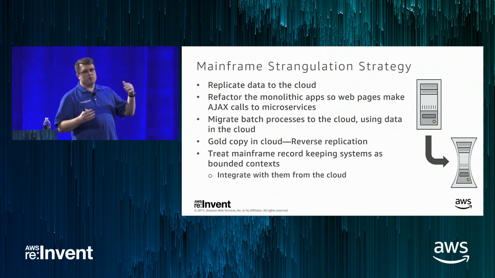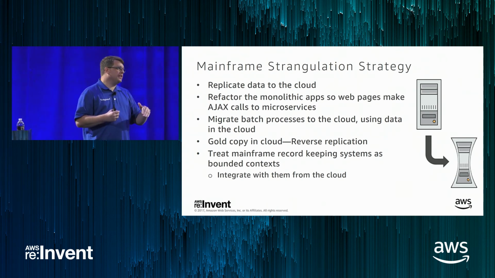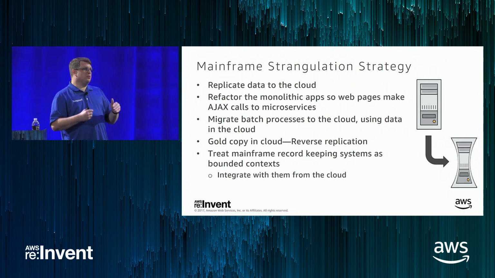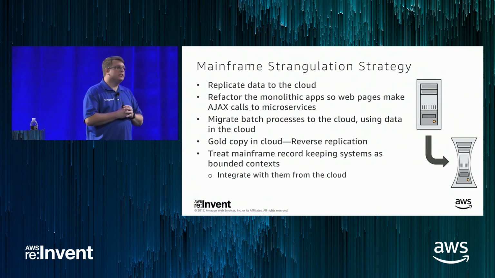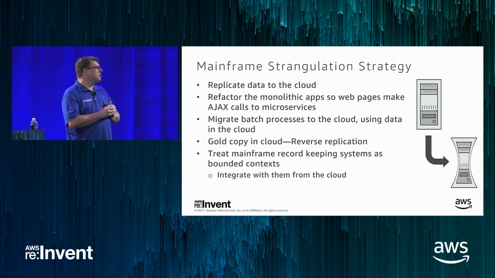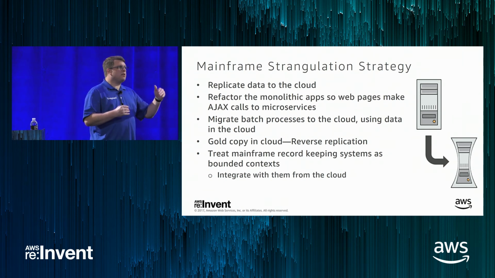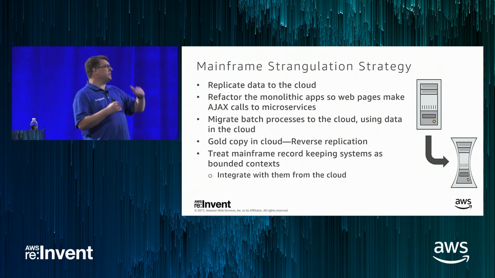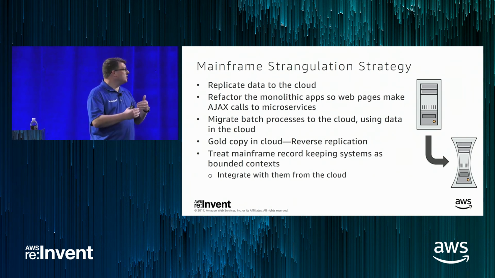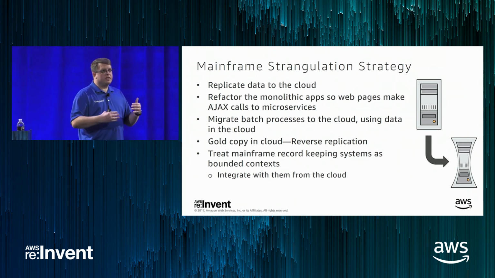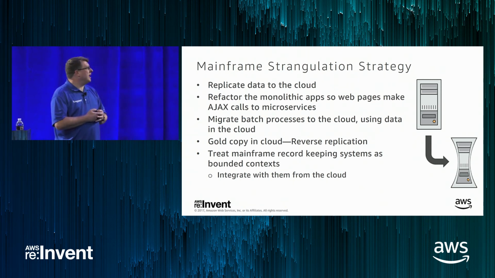So the integration logic that we had that would take the data from DB2, move it into VSAM at the beginning of the batch process, and then at the end of the batch process move it back out to DB2, would instead, at the beginning of the batch process, move the data from the cloud into VSAM, and then at the end of the process, from the VSAM files back out into the cloud. And obviously, over time, chip away at this process, move as much as we possibly can out into the cloud, and basically strangle what we're doing.